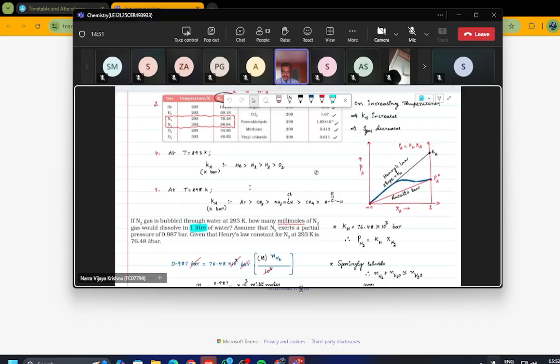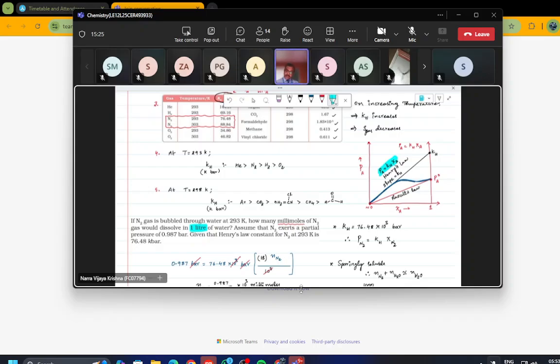Let me activate the pen. So Henry's law means PA is equal to KH into XA, correct? Henry's law.